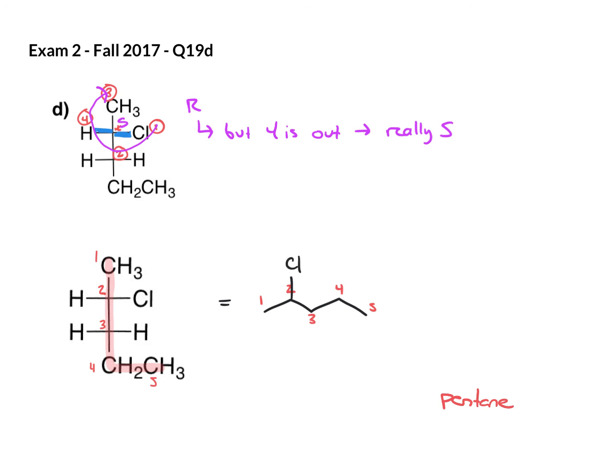And we know already that that is the S configuration. And for the S, that is actually a dashed group. With that being our only substituent, we just label that as a 2-chloro. So for our IUPAC name, it's 2-chloropentane.